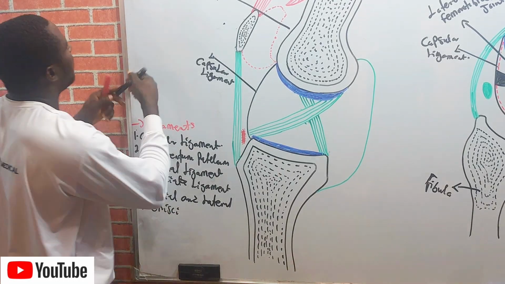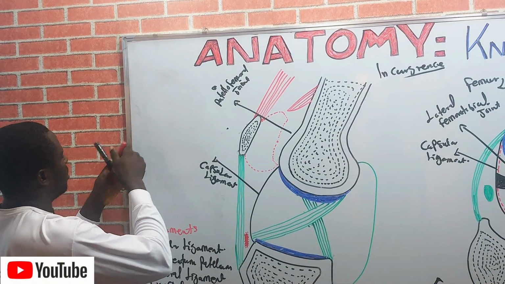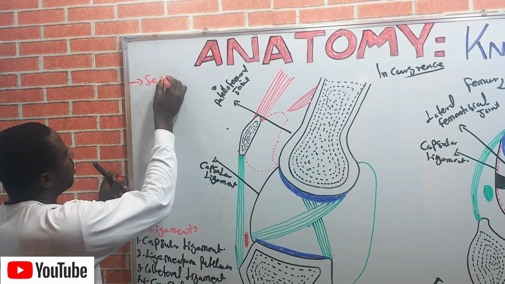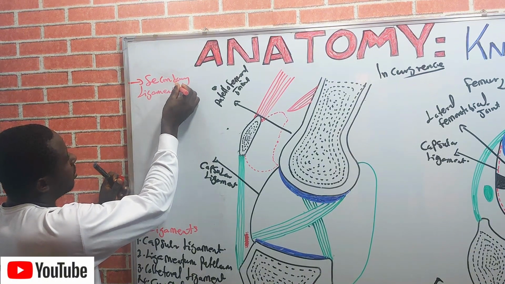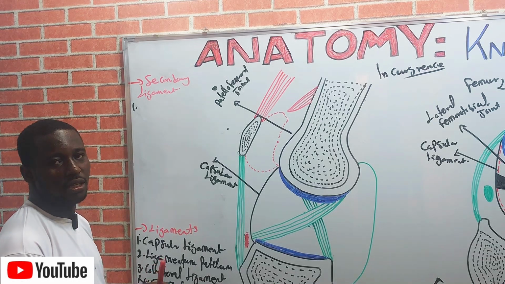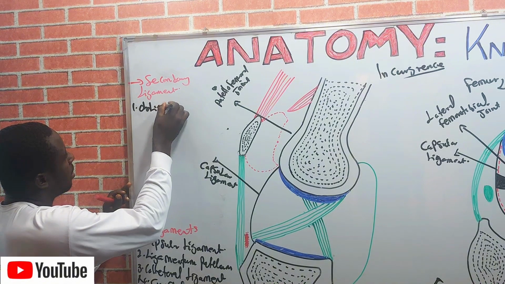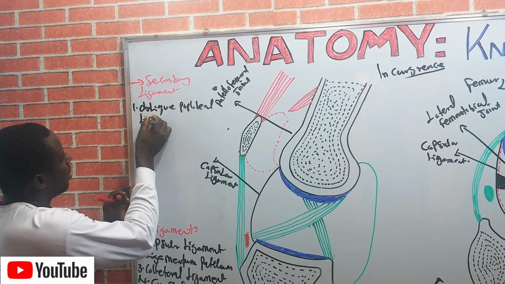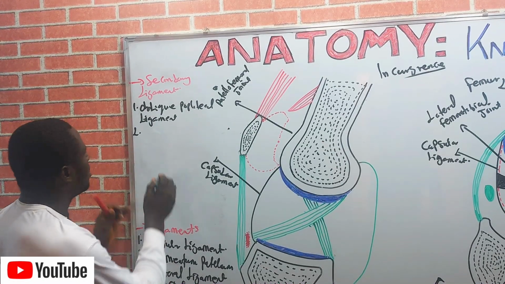So let's pen it down. The secondary ligaments of the knee joint. Number 1 is the oblique popliteal ligament. The number 2 is the arcuate popliteal ligament.